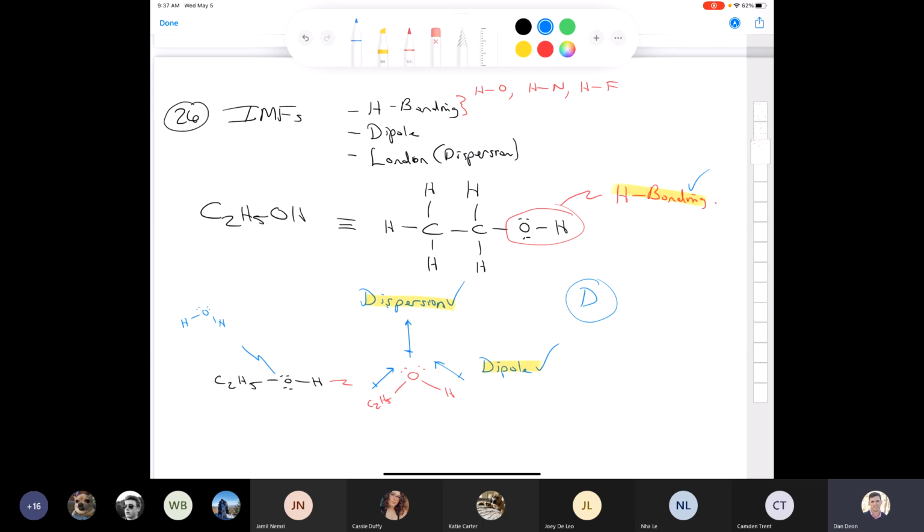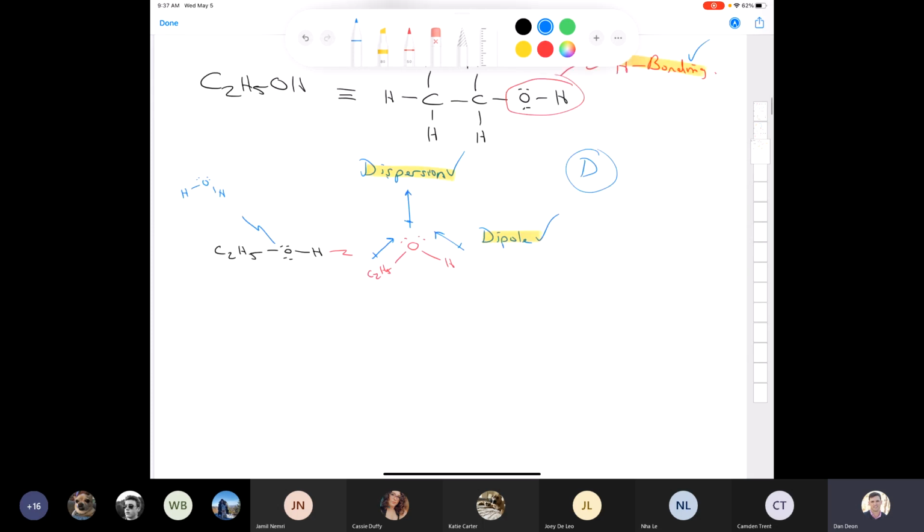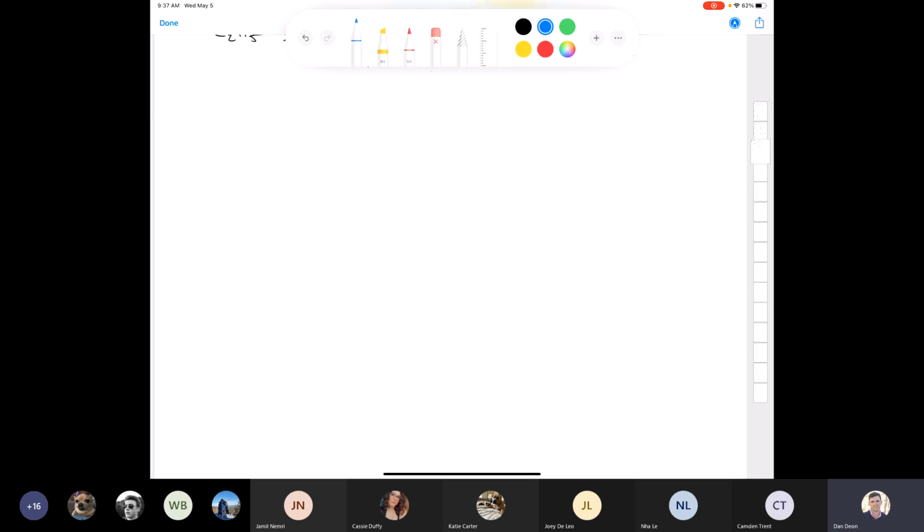All right, question number 27 asks us, which compound exhibits dipole-dipole forces? So I'll write it down like this. This is my shortened version, dipole-dipole forces, and then I'll just put a question mark, and I'll write down all the molecules. We've got boron trichloride. Put in all those lone pairs, because friends don't let friends leave lone pairs out.